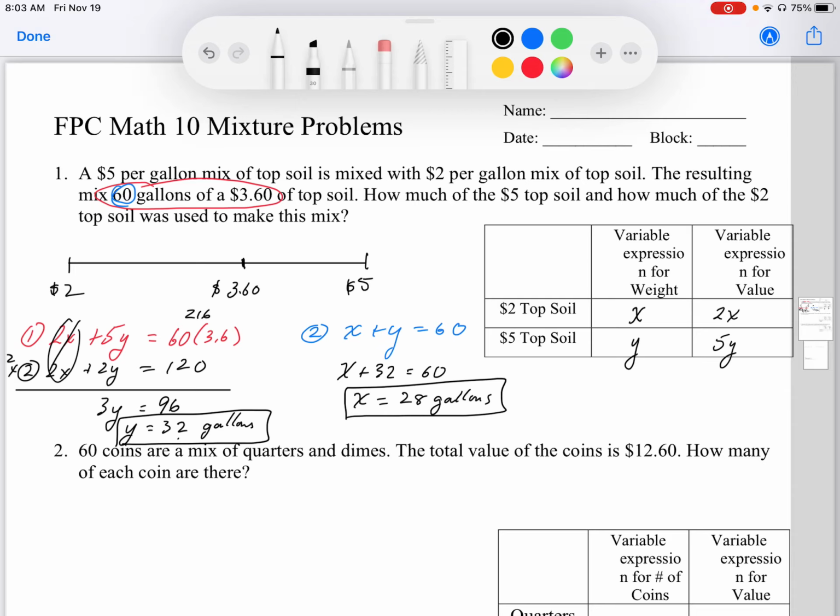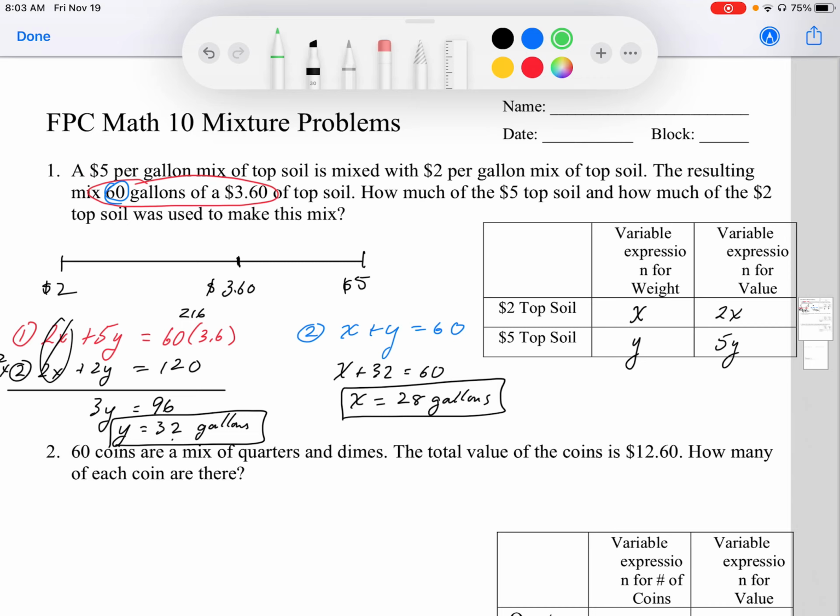There is another way that this could be done, using this balance here, and we can do this problem as a proportion. Mixture problems actually are proportional problems. If I look at the distance of $3.60 from $2, it's going to be $1.60.